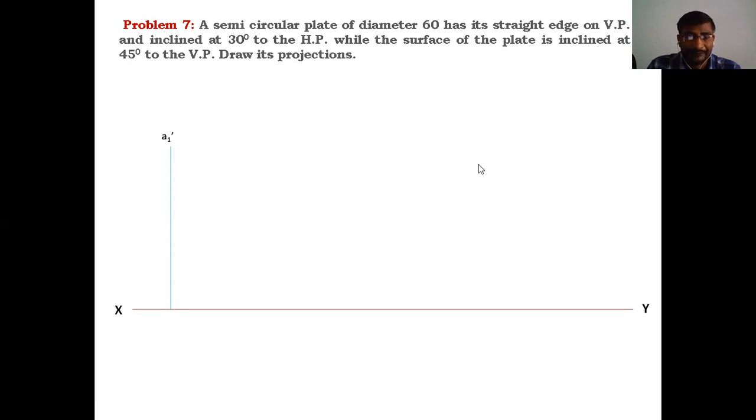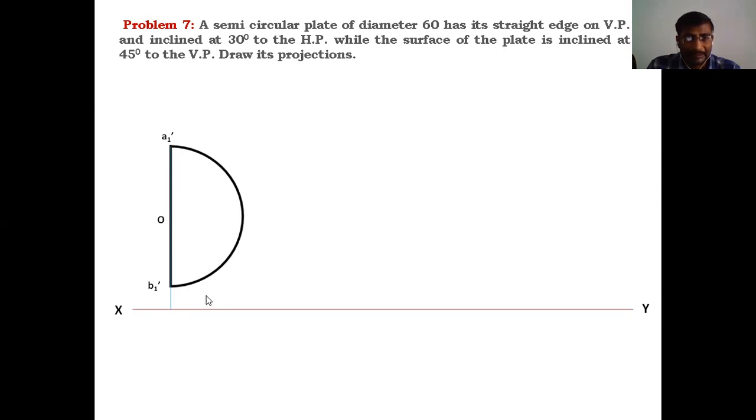A1 dash is the first stage front view, and the length between A1 dash and B1 dash must be 60, because the diameter of the semicircular plate is 60. The center point between A1 dash and B1 dash is O. With center O, draw the straight edge first and then draw a semicircle. Clear? This is a semicircle with a straight edge. A1 dash and B1 dash are the front view points.